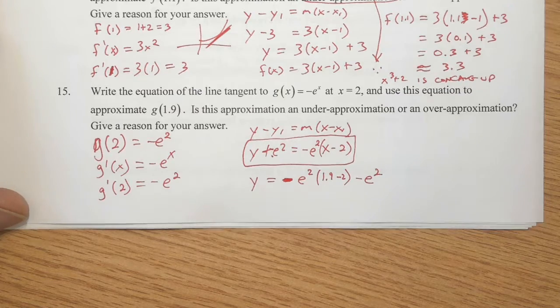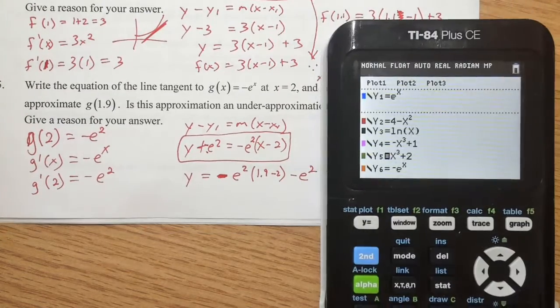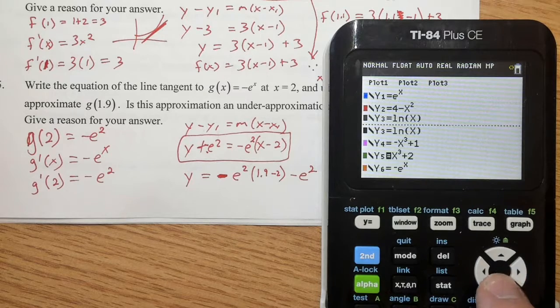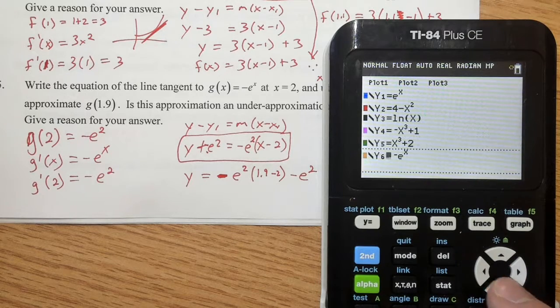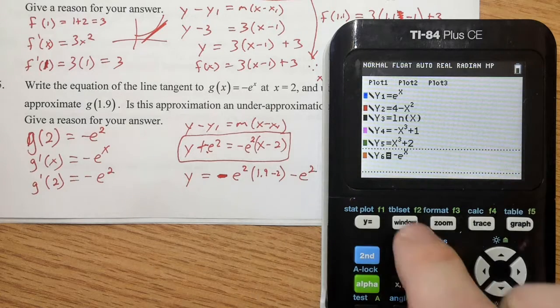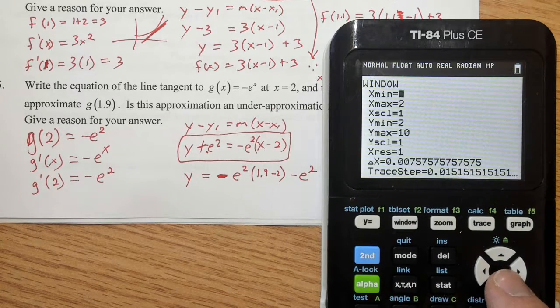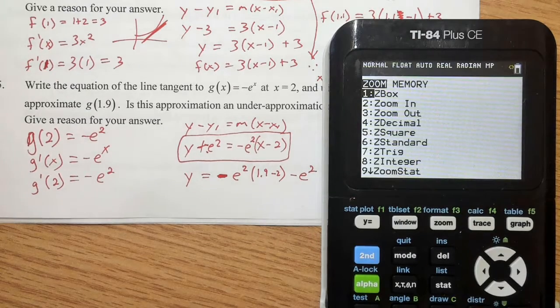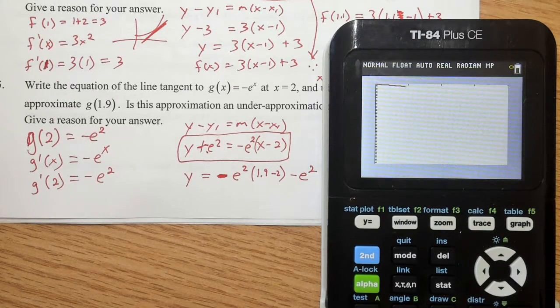So we're going to go back to the calculator one final time. We're going to turn on the opposite of e to the x, and we're interested when x is equal to 2. So we're going to have our window go from 0 to 4. That puts 2 right in the middle. And here's the opposite of e to the x.